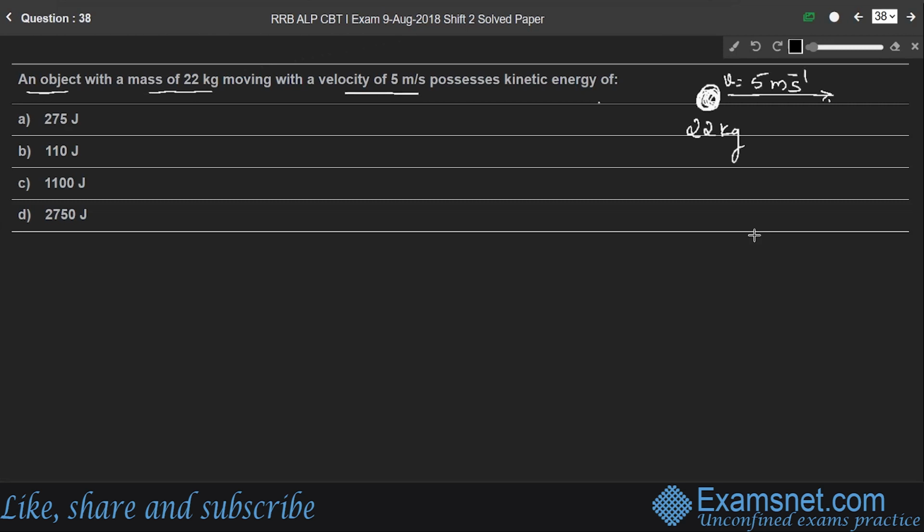Because of its motion, it has some kinetic energy. So what is kinetic energy? The kinetic energy of a body is equal to half m v square, where m is the mass of the body and v is velocity. Directly substitute the values.